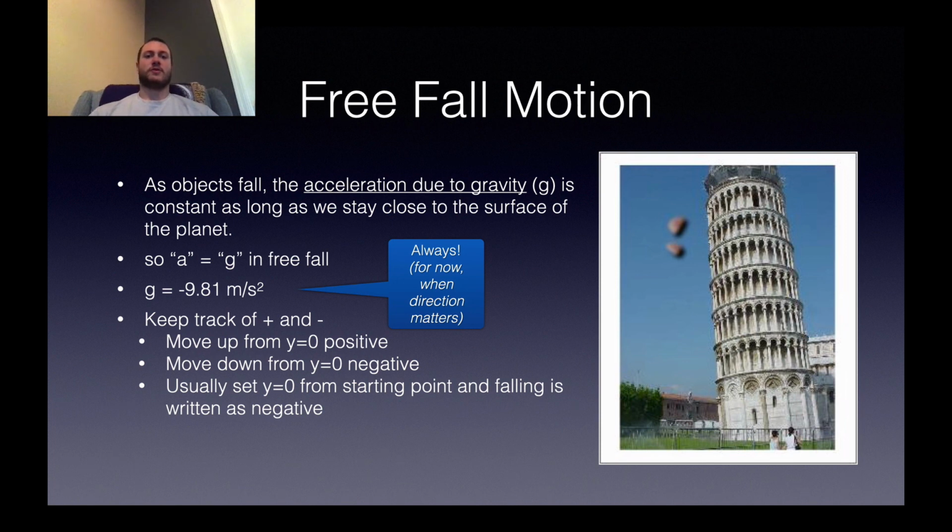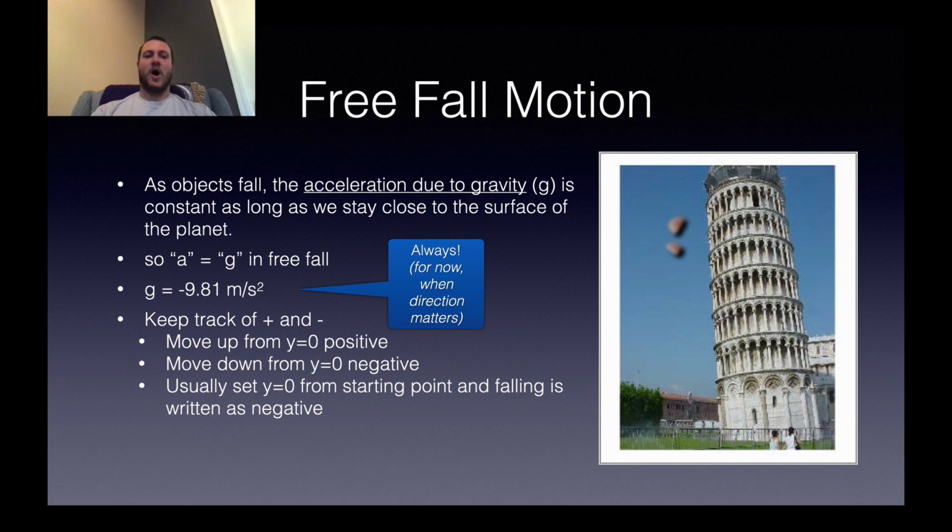Its velocity will slow down at a rate of 9.81 meters per second squared until it reaches its maximum height, at which point that velocity will go to zero. Then, as it starts to come back down to the surface, its velocity will then increase by 9.81 meters per second squared. And it comes down to this plus and minus at the bottom here.